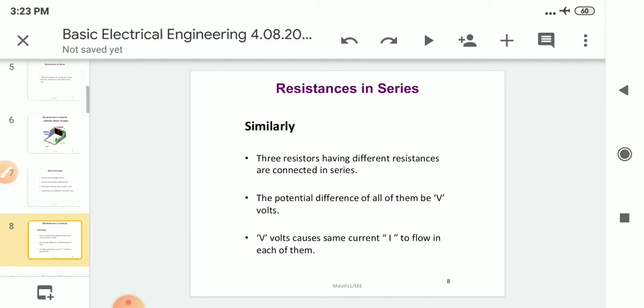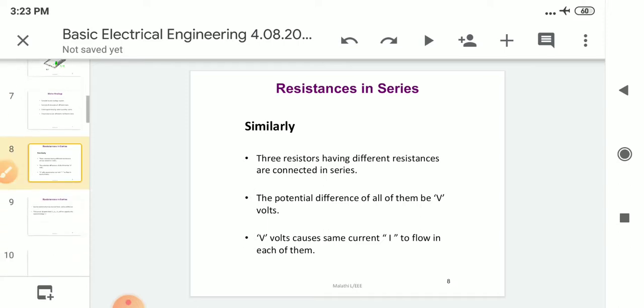Similarly, three resistances having different resistances are connected in series. The potential difference across all of them is V volts. V volts causes the same current I to flow in each of them.